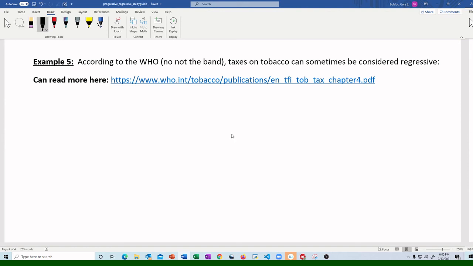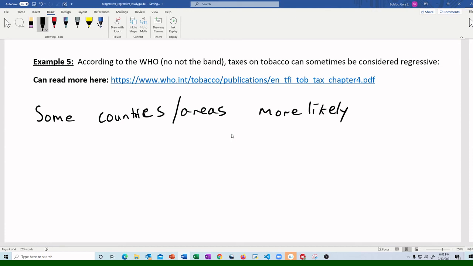And so the WHO is describing this as regressive because in some countries and some areas, not all, but some, you are more likely, we'll just focus on cigarettes for now, to smoke cigarettes if you are lower income.